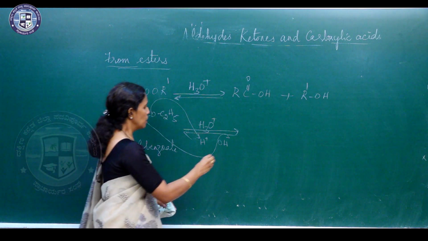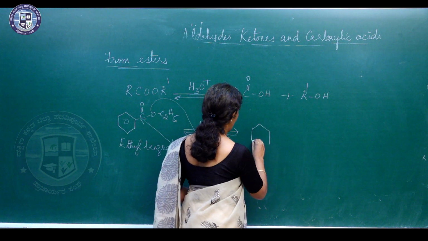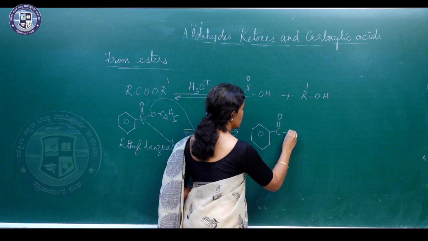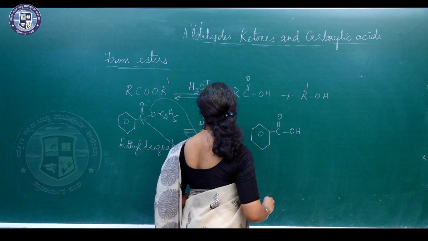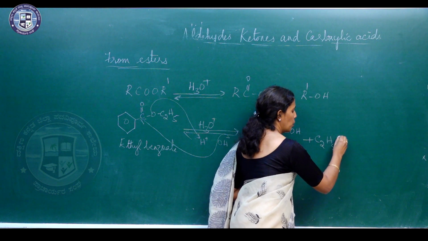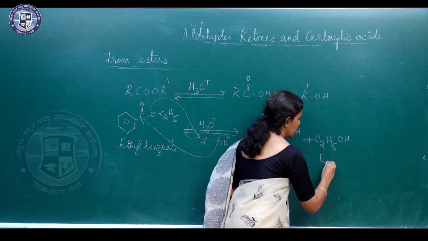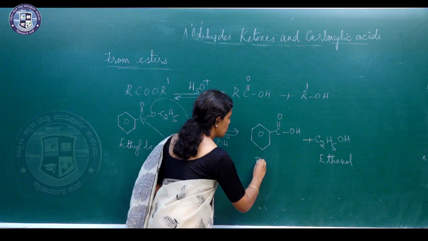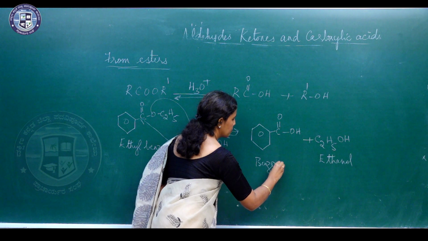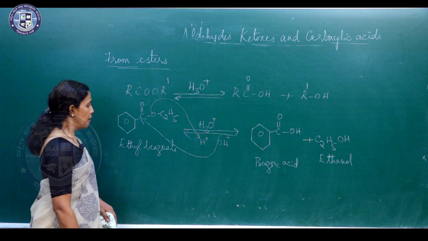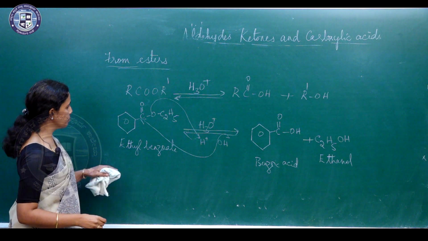So, the product will be a benzene ring with a carboxyl group attached to it, which is benzoic acid, and C2H5OH, that is ethanol.